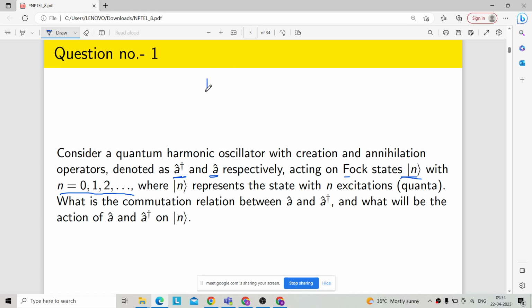This means if this is 1, that means there is 1 excitation in the field, Fock field.